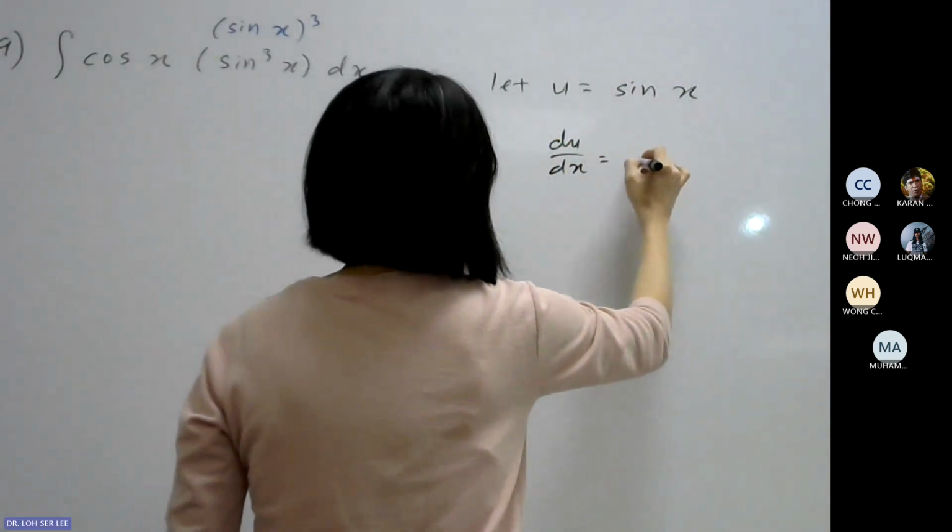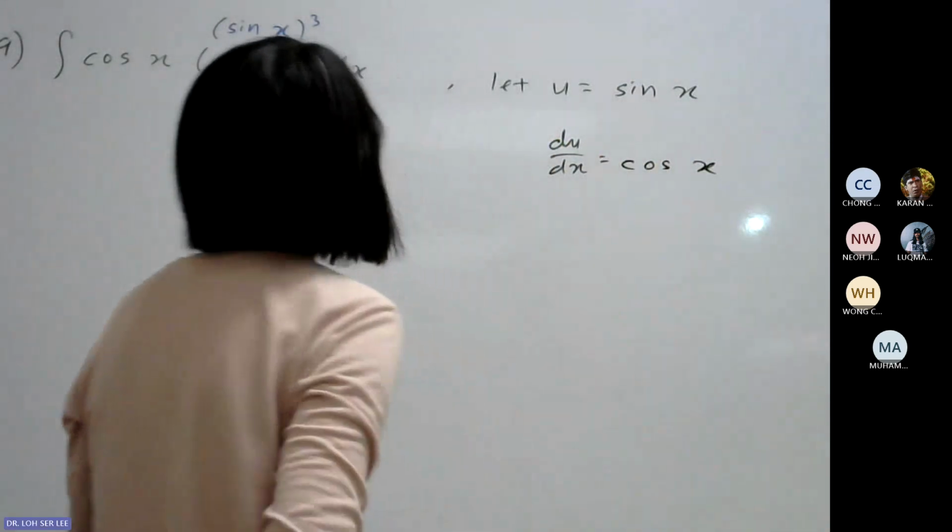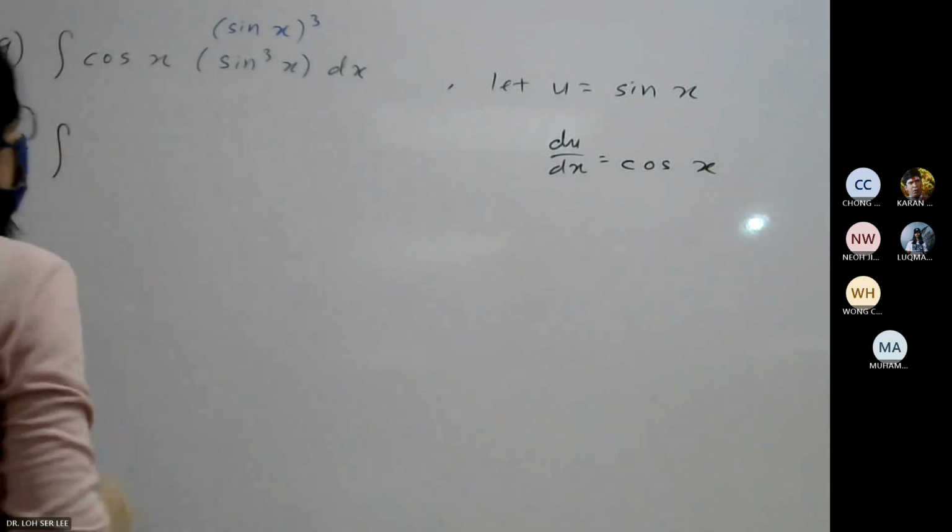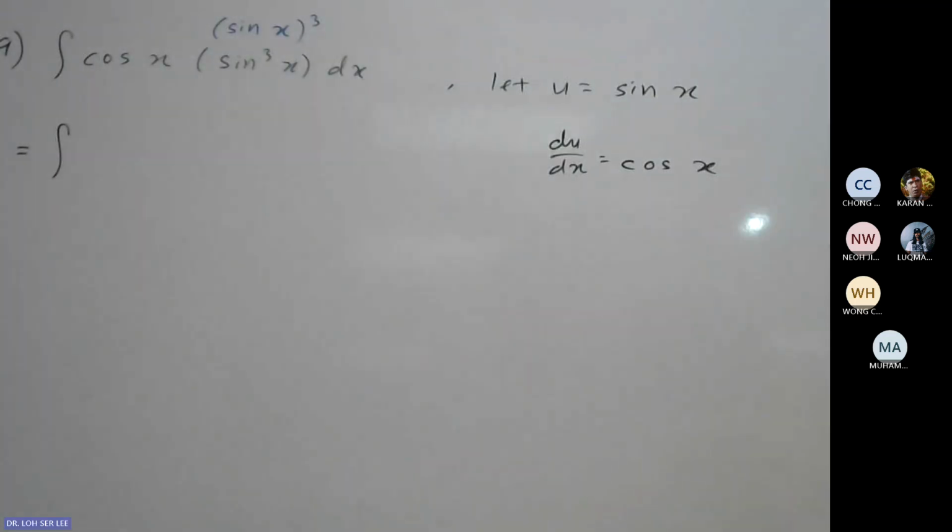The du is cos of x dx. And try to change from x into u. If you bring the cube together, later you will find that you are unable to shift all the x into u.